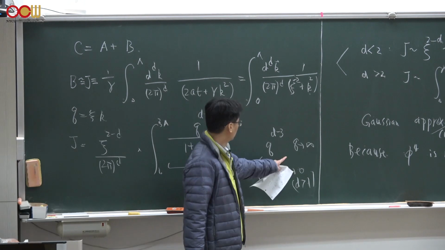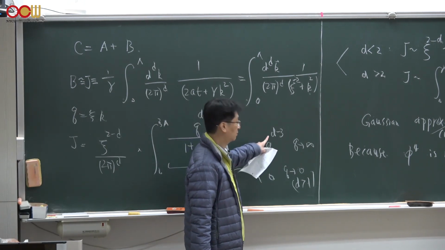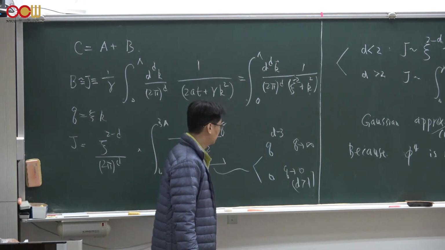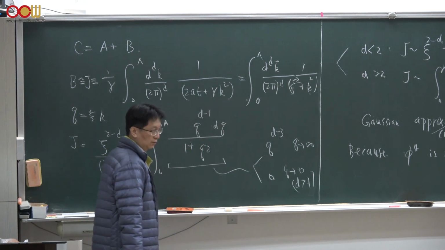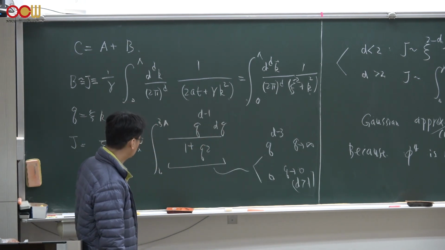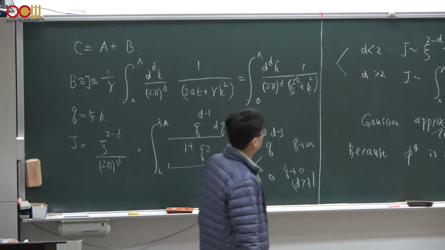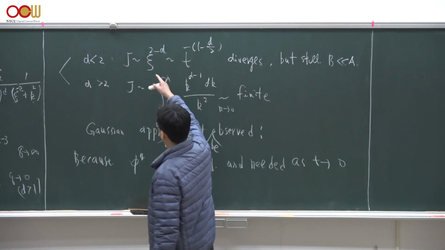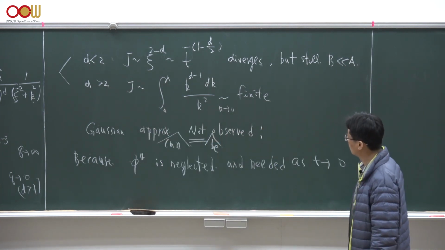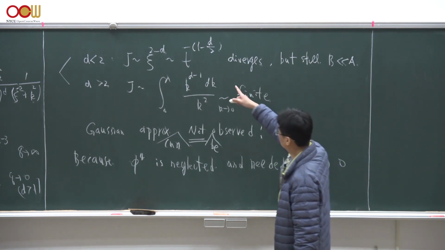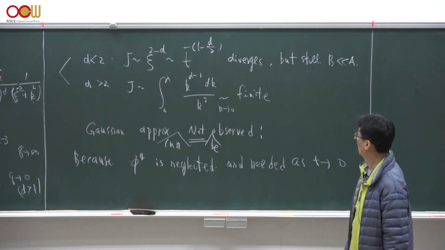This time, this integral over the q behaves as q to the power of d minus 3 when q is large, and it vanishes when dimension is greater than 1. So we can summarize this divergence of this integral j by two cases. The first is when d is less than 2, then this integral j indeed diverges in the power of t to the minus 1 minus d over 2.